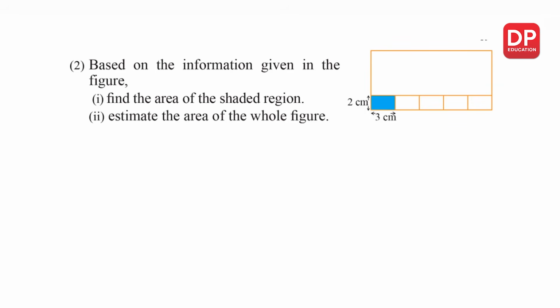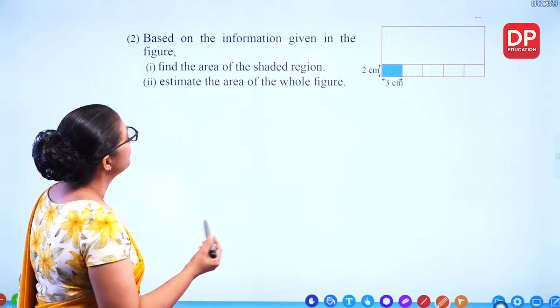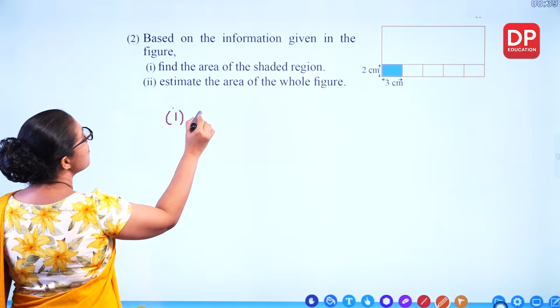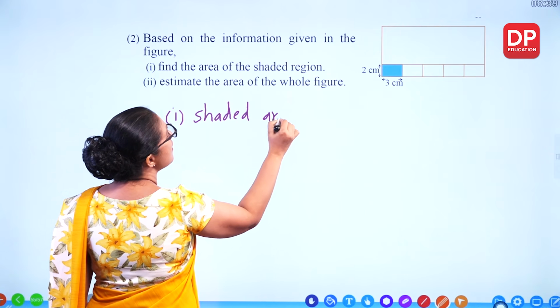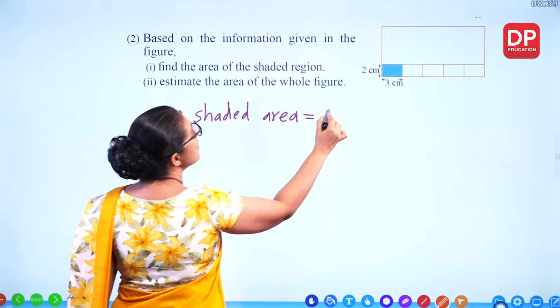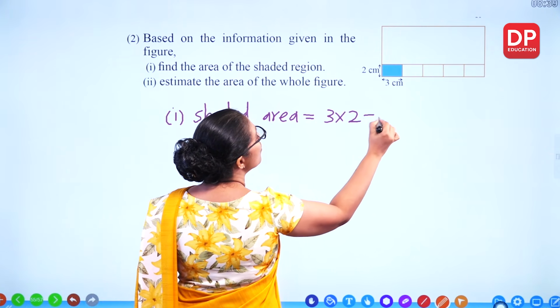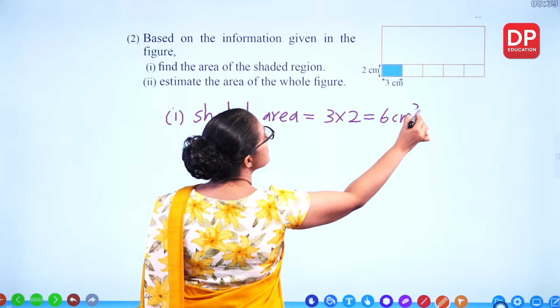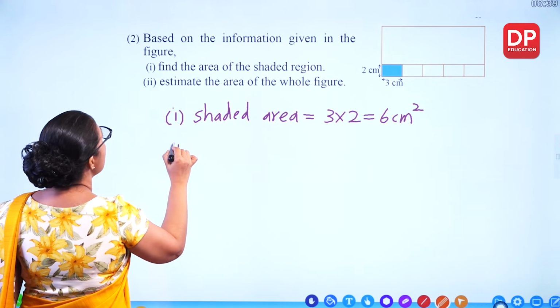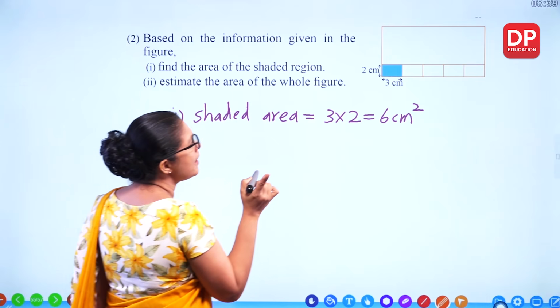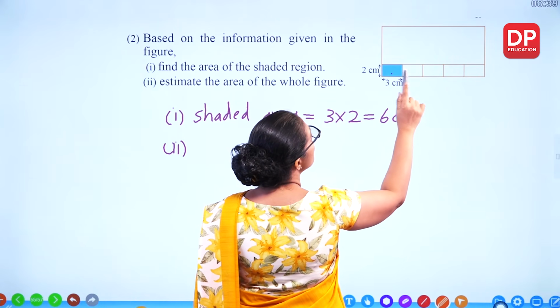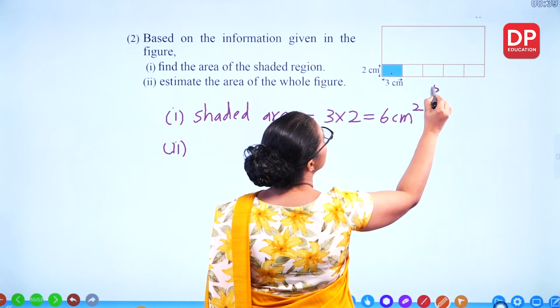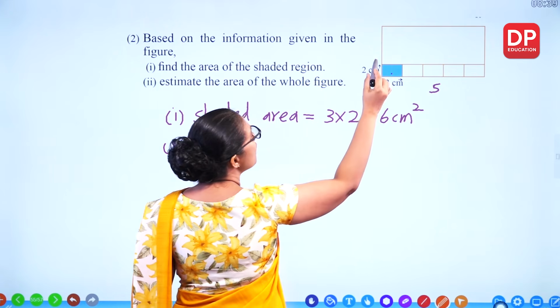Based on the information given in the figure, find the area of the shaded region. So shaded region you can find using length into breadth. 3 into 2, 6 square centimeters. And estimate the area of the whole figure. How many you can fit this way? 1, 2, 3, 4, 5. How many this way?